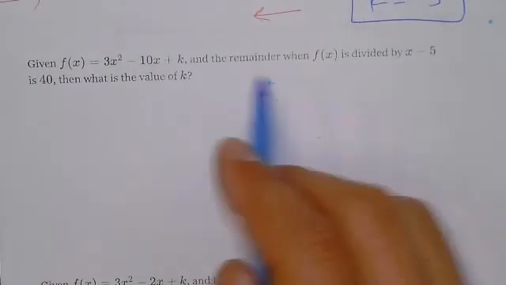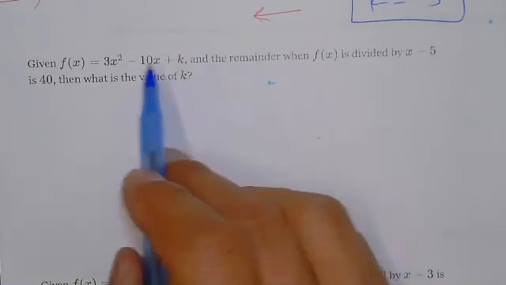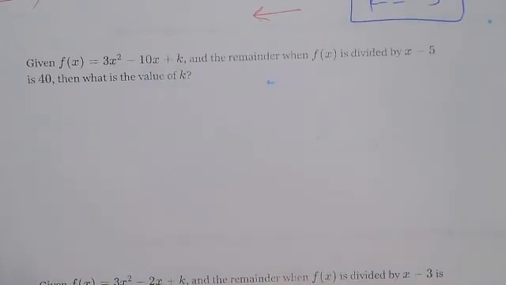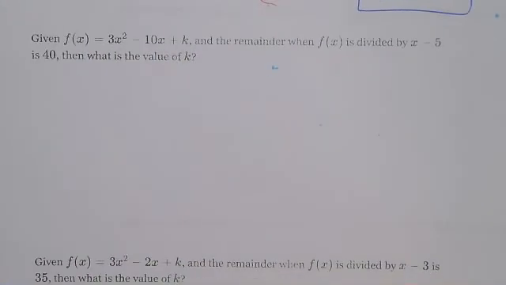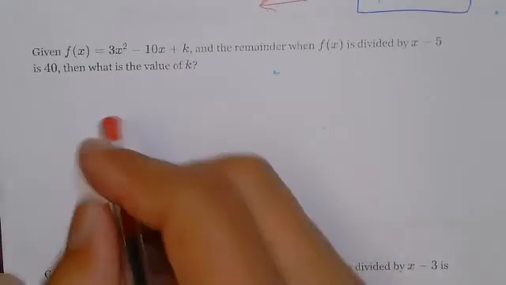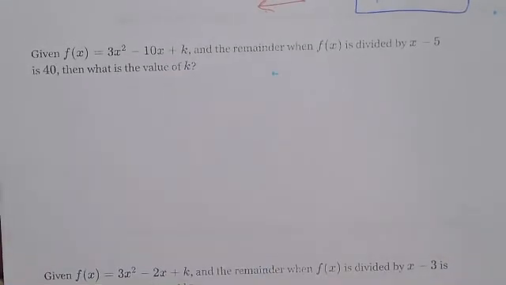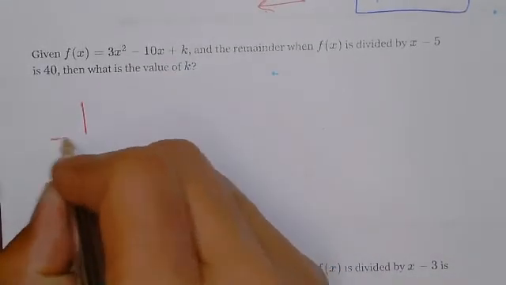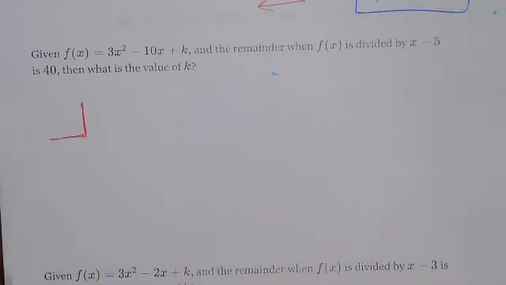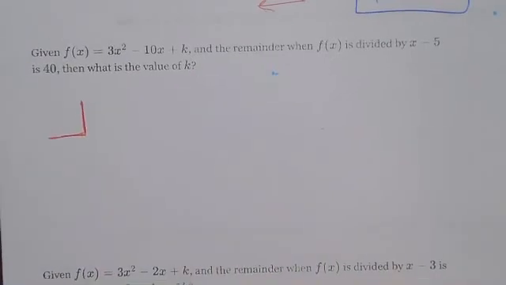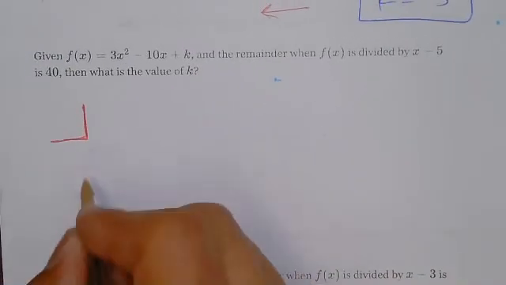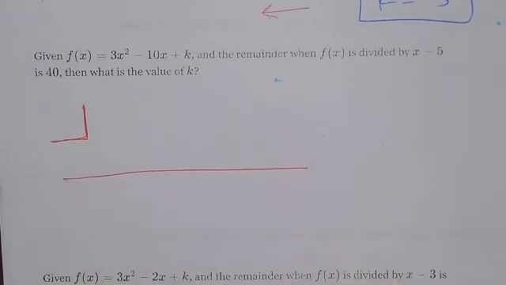Boom, number 2. Go ahead, set it up. Go ahead, find out what the remainder is. Make sure there's no missing terms. Set this problem up. Okay. What the heck is factor? We're not there. We're working on this. Okay.